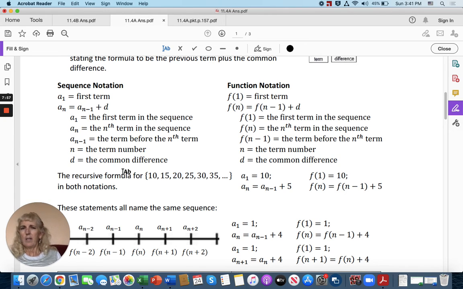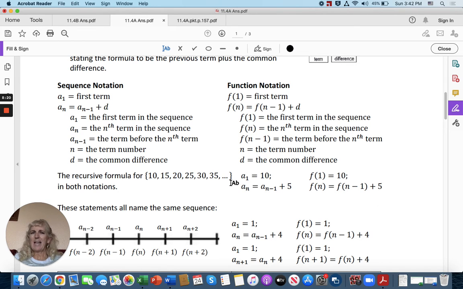So here, we have our set of numbers again listed from the top. a1 is 10, because it's the first term. We always list the first term, okay? In both notations. Here a1 is 10, here f of 1 is 10. So then we say, well, what was d? Remember the d, we were adding 5 each time.